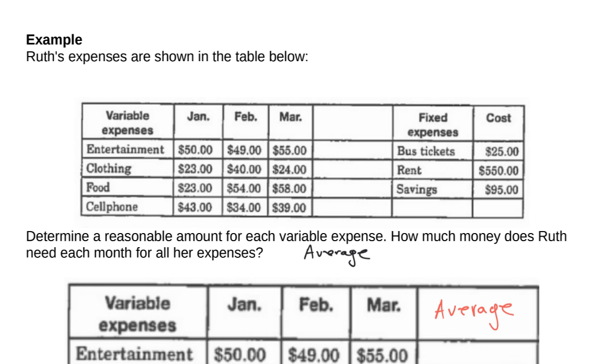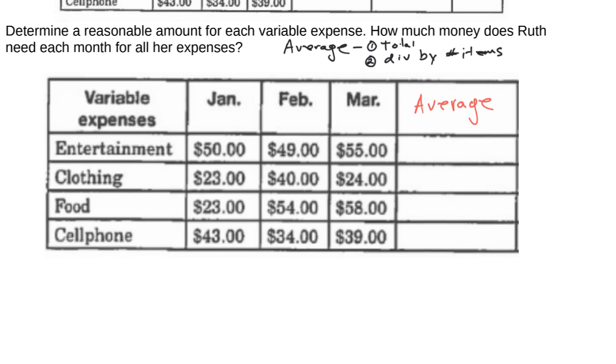If you recall, for the average, first we have to total what we're focusing on, and then second, we have to divide by the number of items that we're using, okay? Take, for example, these problems right here.